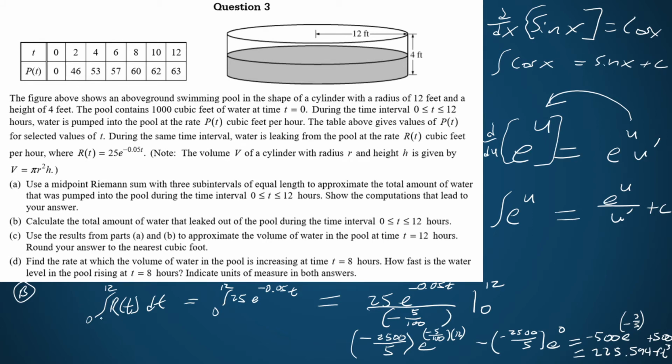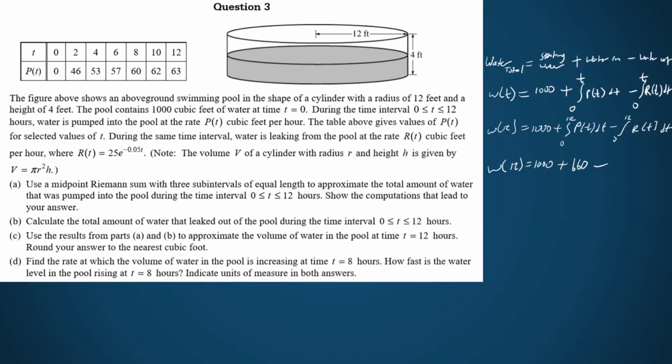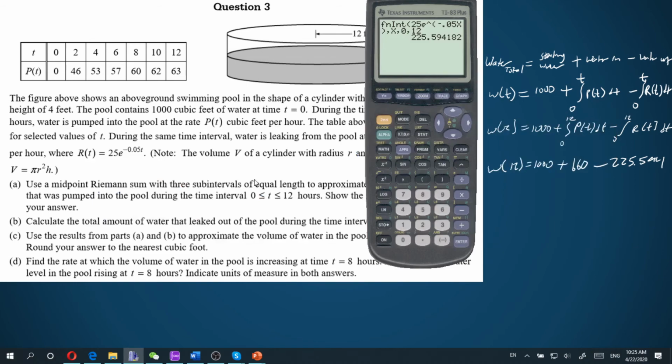The amount of water that we had drained out in those first 12 hours was 225.594. Okay, so that's 1434.406.